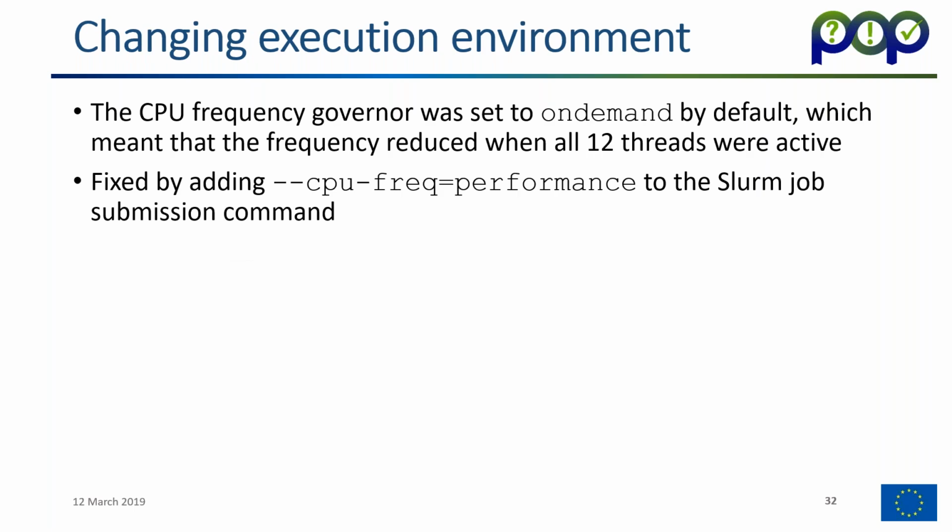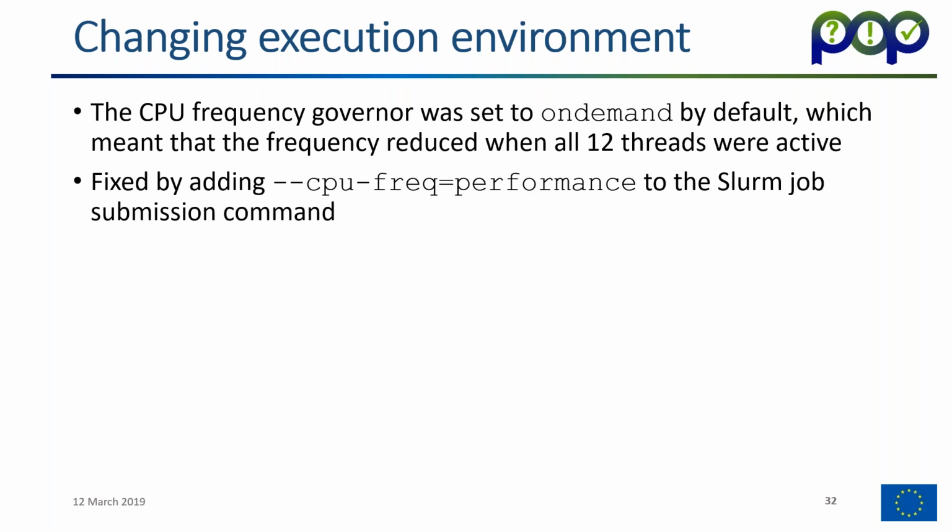And the final thing that was done was to change some of the settings on the execution environment itself, so on the cluster of machines that this was running on. As I said originally, although we're looking at the OpenMP side of this code, it's part of a bigger framework that uses MPI as well. So this was being run on a cluster with the Slurm job manager on it.